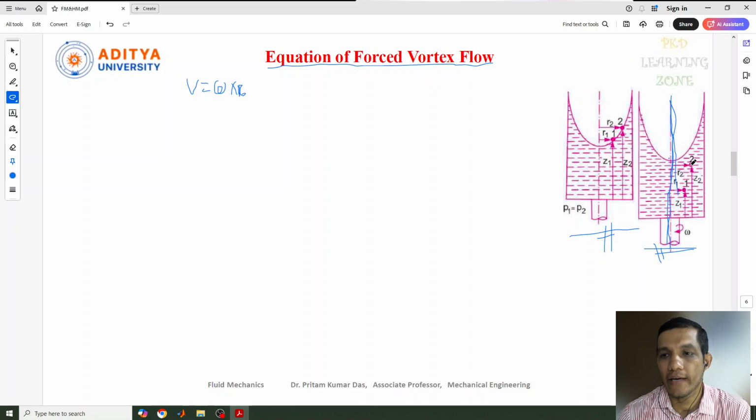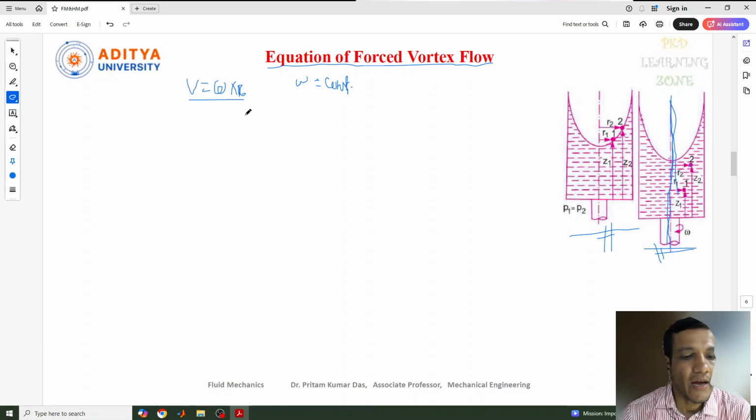If you take a second point, it is at a distance R2, and the first point is at R1. We have seen in our previous lecture that velocity equals angular velocity into R, and here the angular velocity omega is constant.